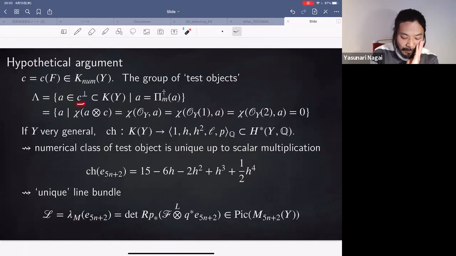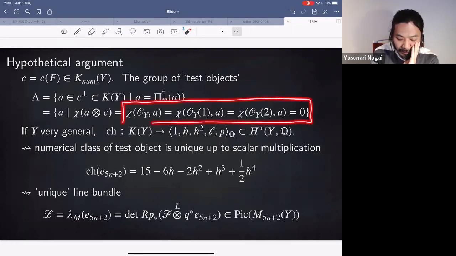It is perpendicular to the numerical class of the parameterized sheaf, and it is the image of the pi dagger map. And it turns out that this condition is just the orthogonality condition written here.